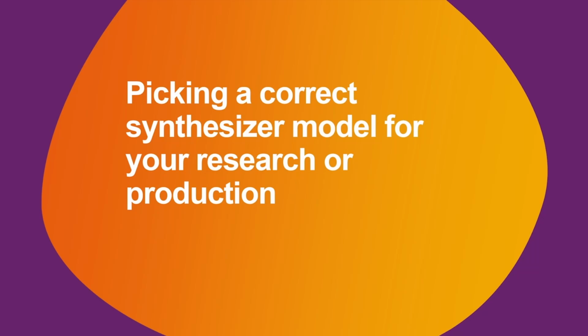A lot of people want it for speed. Some people want it for proprietary reasons, so you don't have to send your sequences out. And for that purpose, there are different sizes of equipment that you might consider.